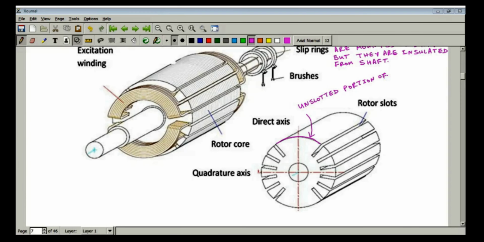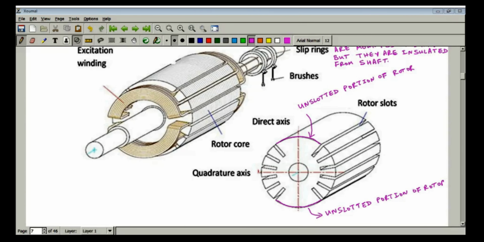Likewise, this bottom side also you can look up, you will have unslotted portion of rotor.